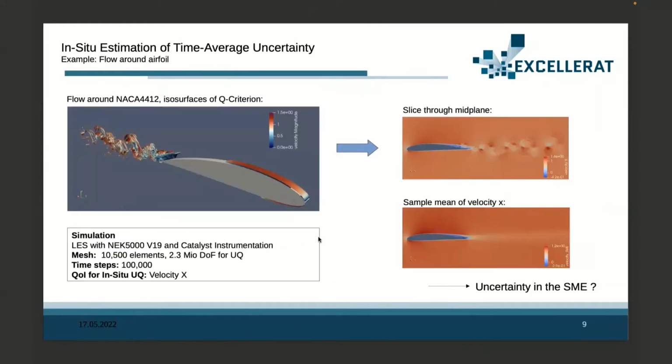Yeah, so this has been applied to a turbulent flow around an airfoil. What we are interested in is, in this case, the mean velocity field in the midplane and the uncertainty that is attached there due to finite time sampling.